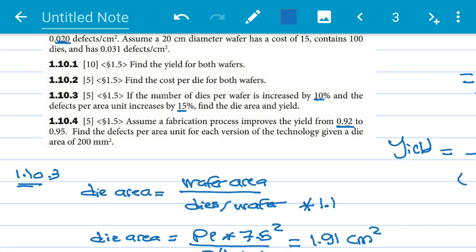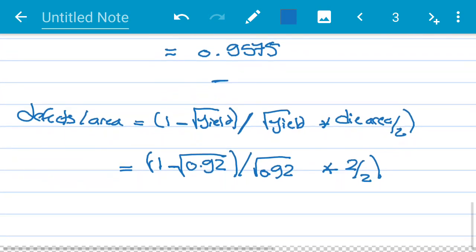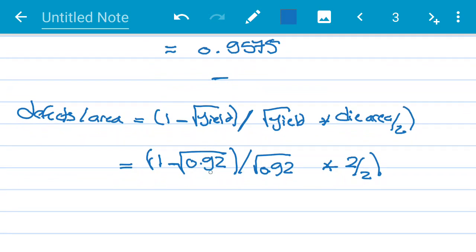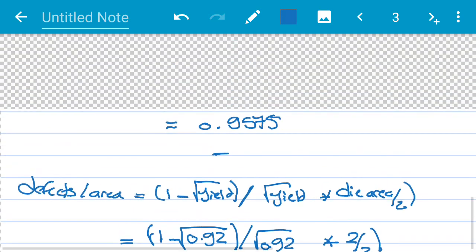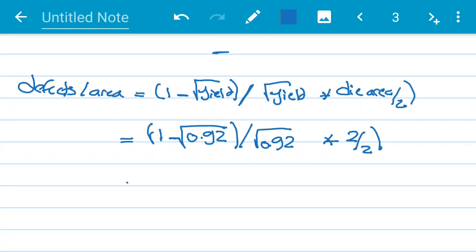Because he gave us the yield as 0.92 here. So we just substituted the yield by 0.92, where the die area is equal to 2. That would result in 0.043 defects per centimeter square. Thank you.